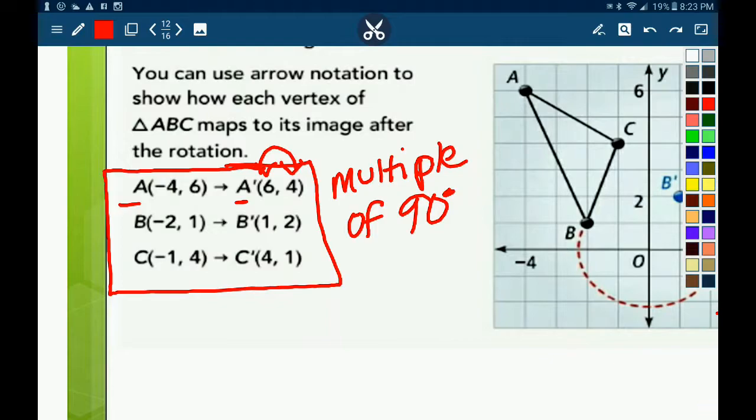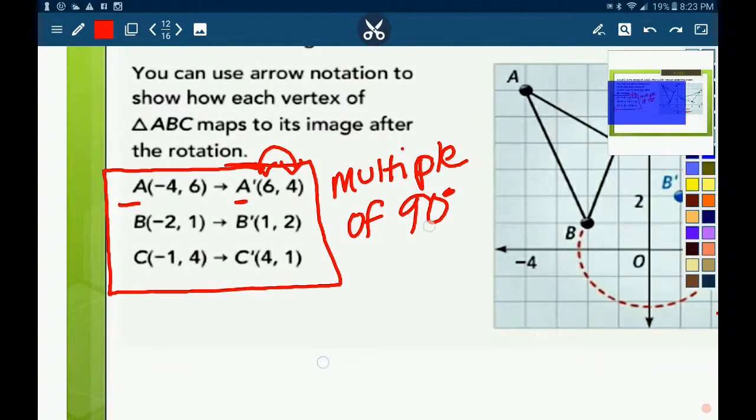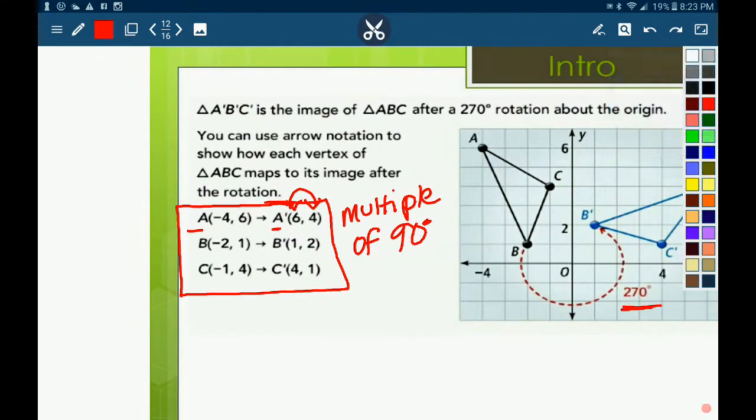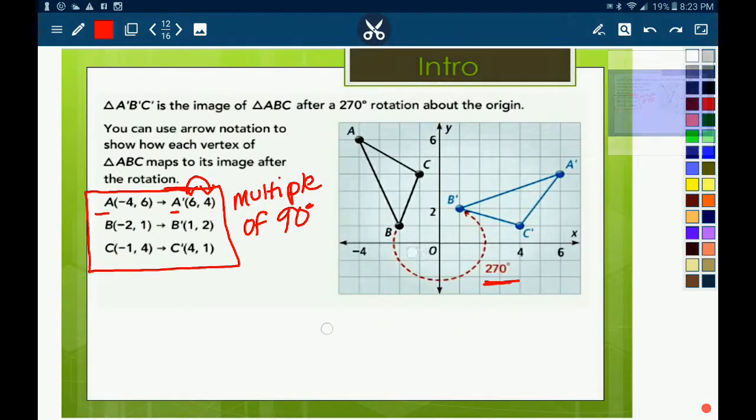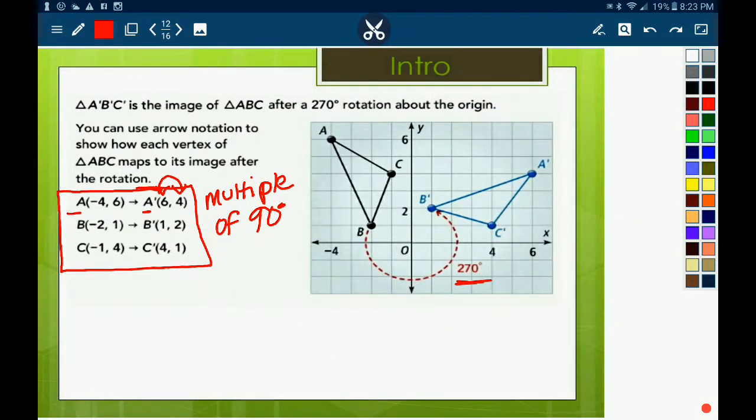there's going to be a pattern, okay, that you don't even need to use patty paper with. And I'm going to have you guys write that down just in case you want to double check after you rotate using patty paper, or if you don't want to use patty paper at all and you find this method to be even easier.